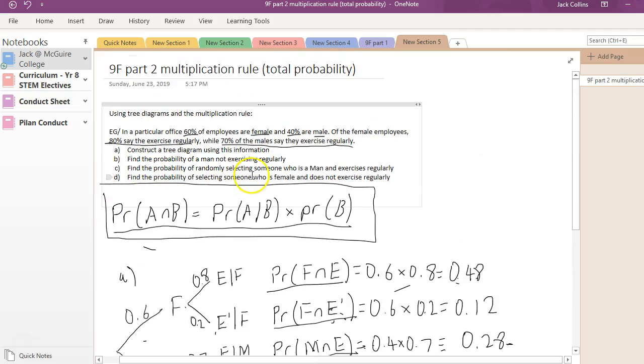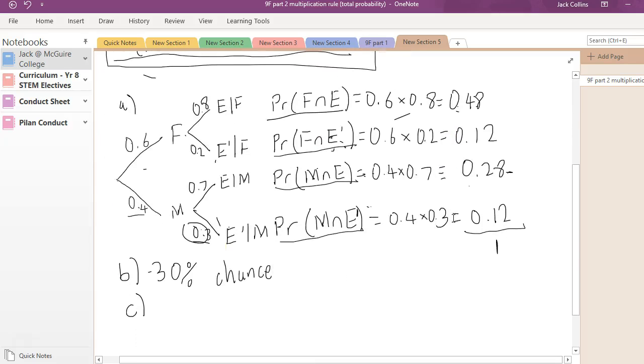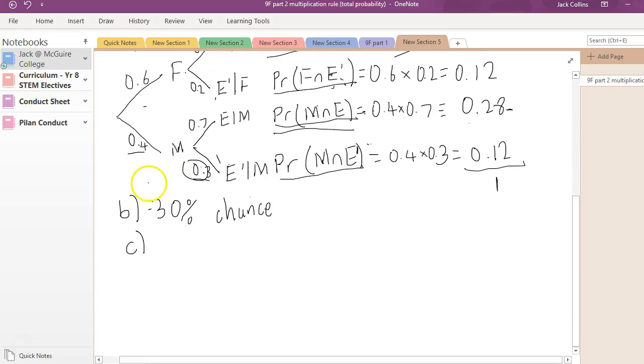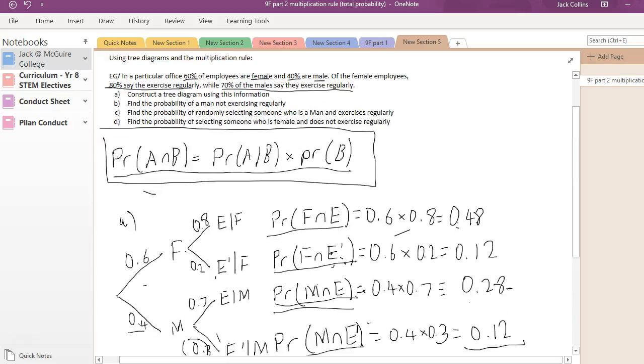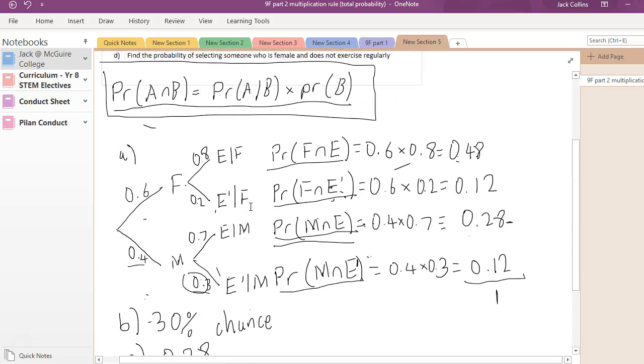Find the probability of randomly selecting someone who is a man and exercises regularly. So that is someone who is a man and exercises regularly, which is probability of A given B times probability of B: probability of E given M, times the probability of M, which is 0.4 times 0.7, which is 0.28. And then the last one, find the probability of selecting someone who is female and does not exercise regularly.